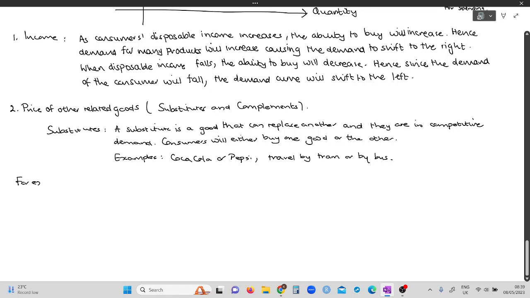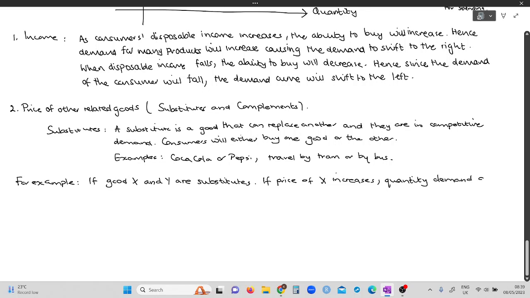Let's take the case of two goods. If goods X and Y are substitutes, c'est-à-dire they are in competitive demand, nous ne sommes pas capables de consommer tous les deux, either we consume X or Y. If the price of X increases, the quantity demanded of X will definitely fall. Et donc si le prix de X a augmenté, what will happen?